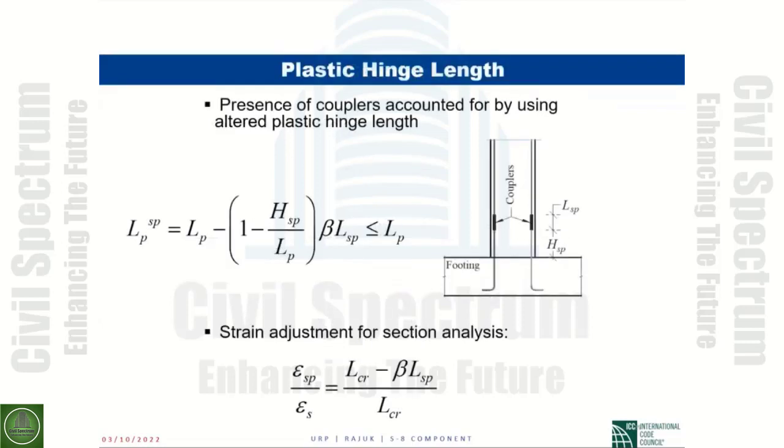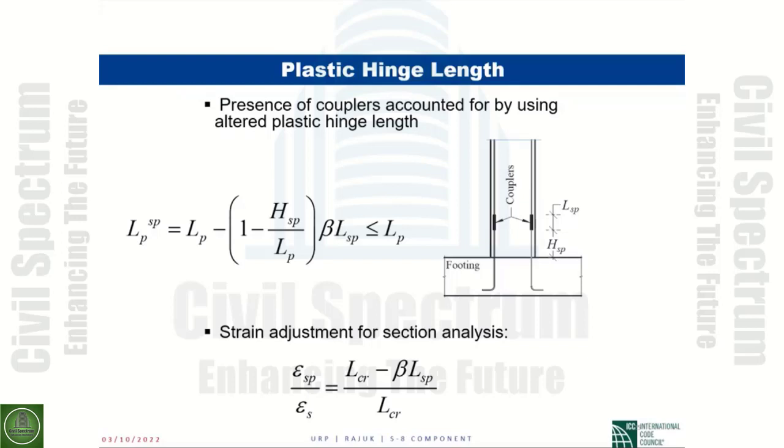Also, we came up with equations that account for plastic hinge length change. So the equation that you see in the middle of this slide, depending on some parameters of the coupler, again, I don't have time to get into the nuts and bolts of those and define all of those, but what it does basically is account for the fact that the plastic hinge length of the column will be reduced when we have these couplers within the plastic hinge.